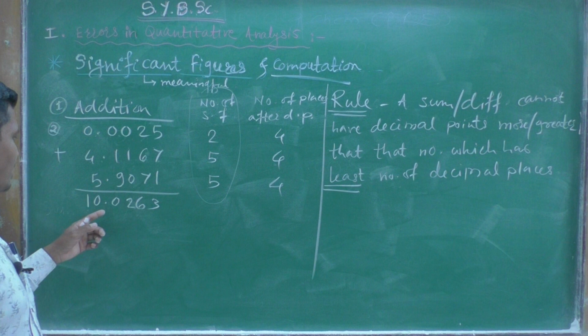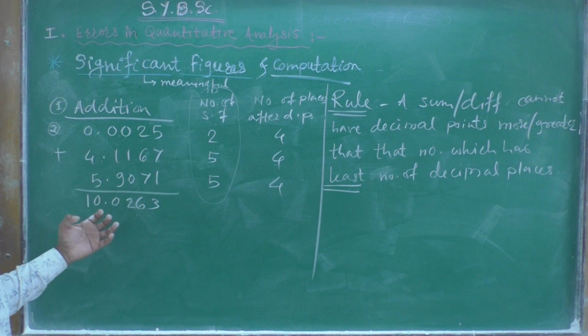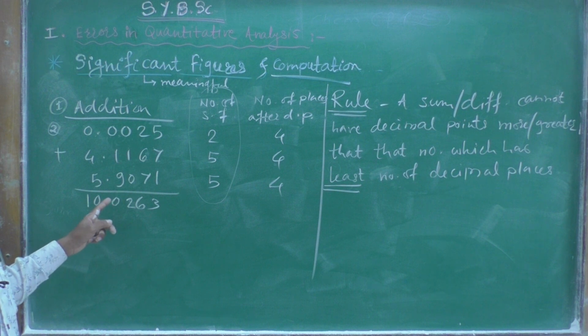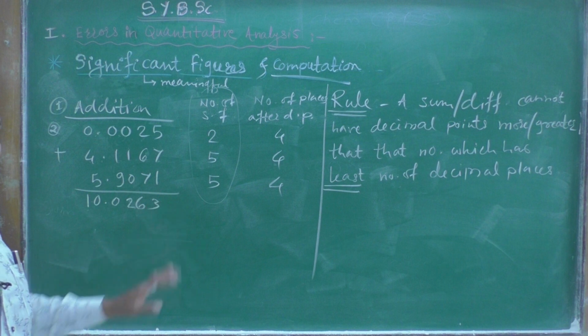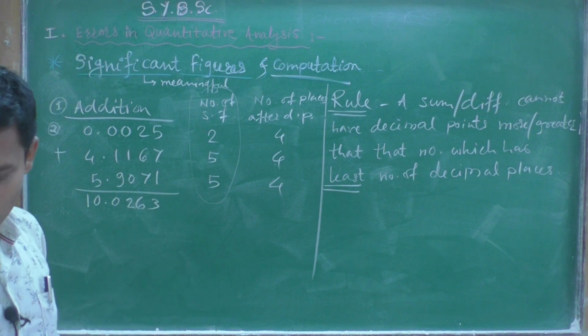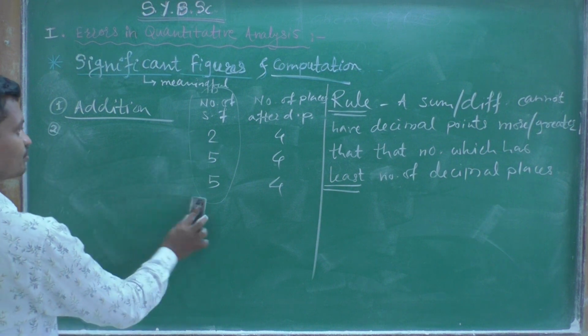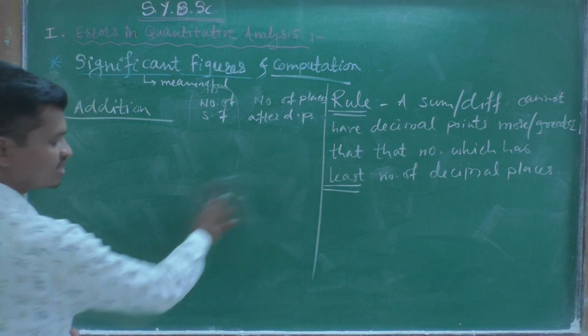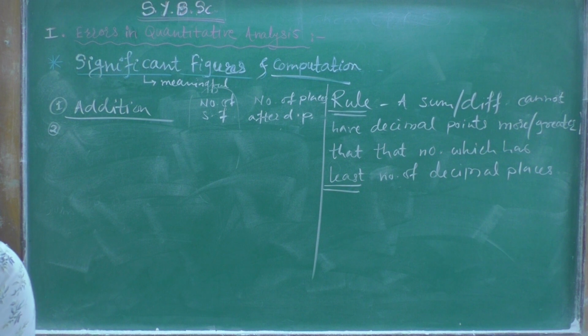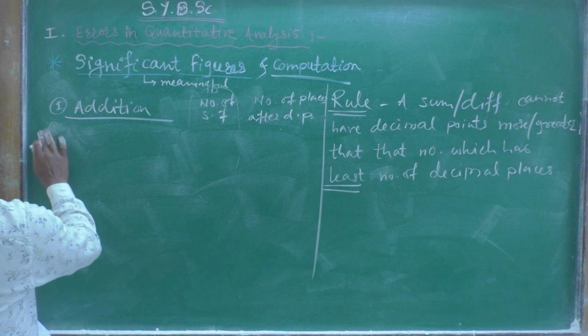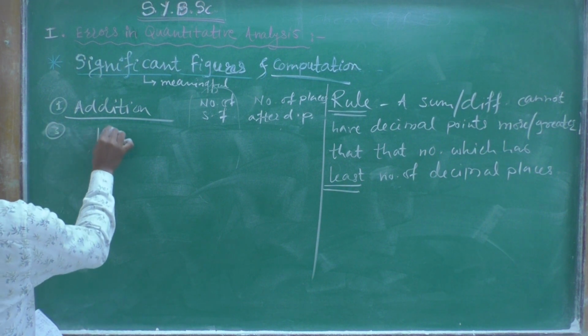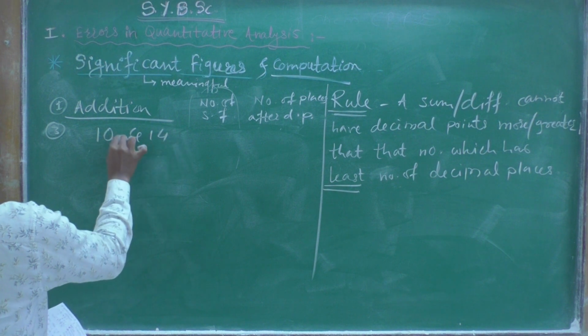And what is the significant figure count here? 1, 2, 3, 4, 5, 6. So all 6 digits are significant. Let us take example number 3 for addition: 10.414.